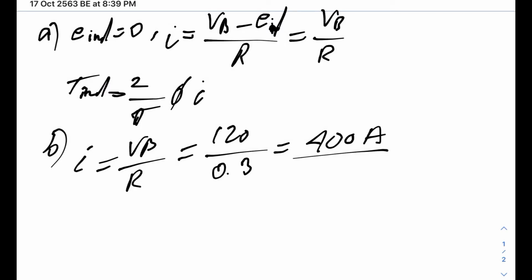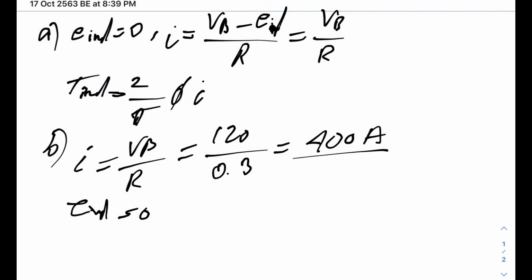Now at no load steady state conditions, the induced torque must be 0. The fact that I is also 0 amperes means that the battery voltage VB equals E induced.